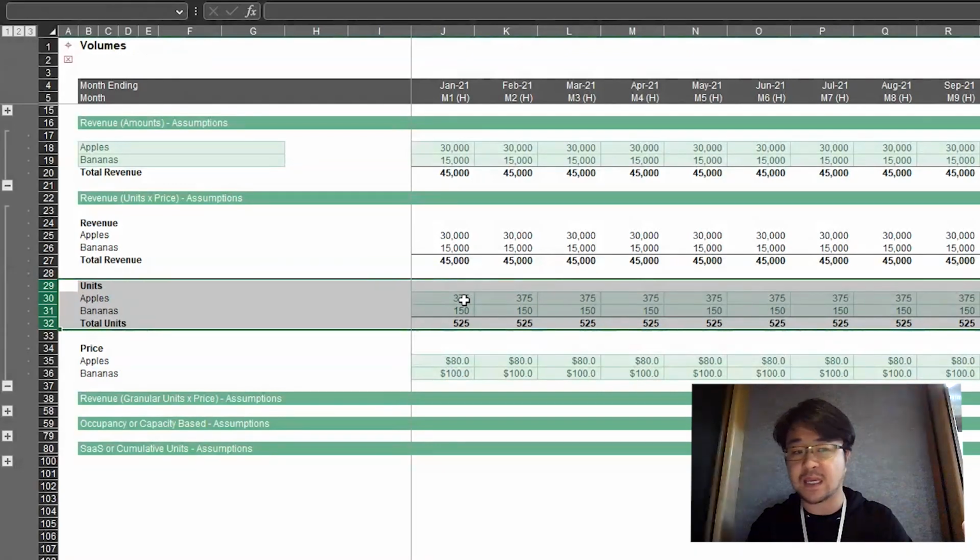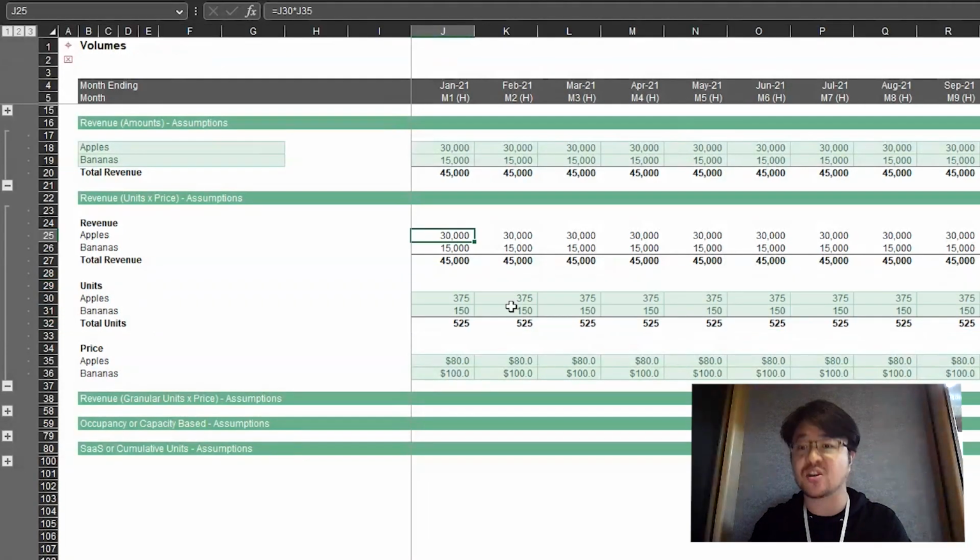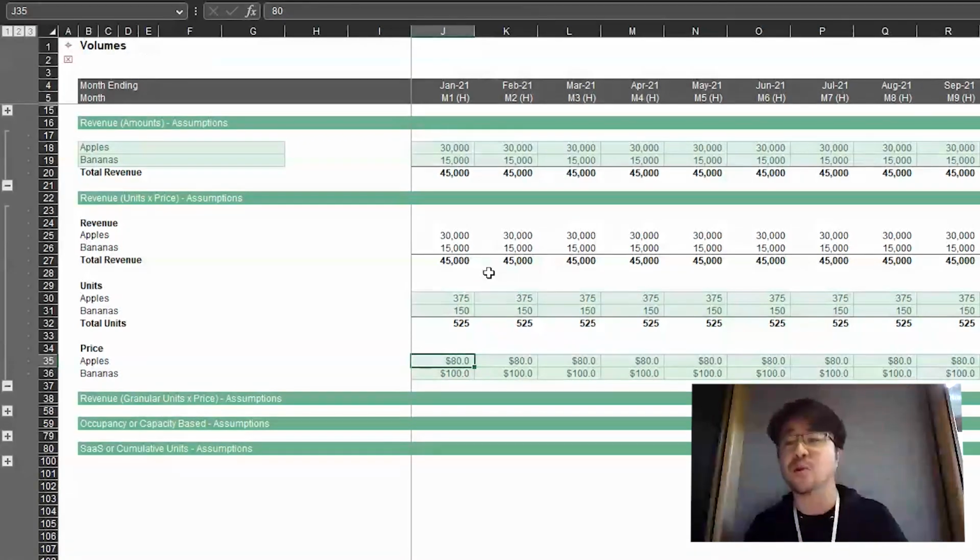We've sold this many apples, this many bananas, and this is the average price across that. It could be as simple as taking the total revenue, dividing it by the volume that you've sold, and getting to an average price. This is commonly used in SaaS terminology, where it could be average revenue per unit or per user.